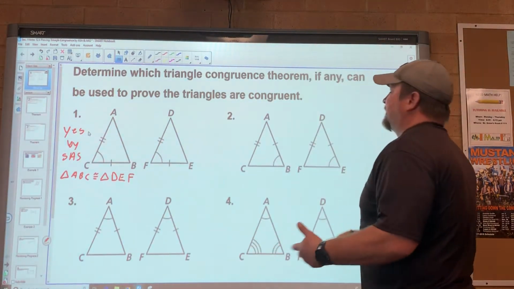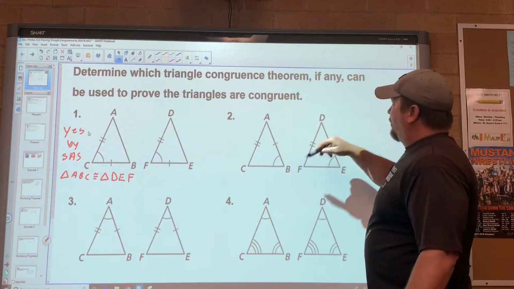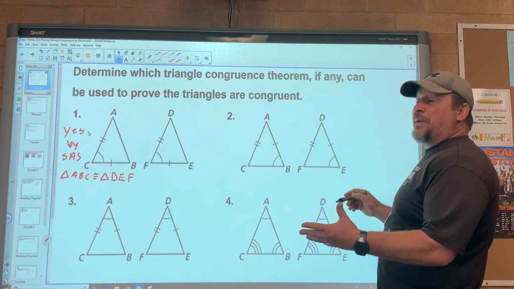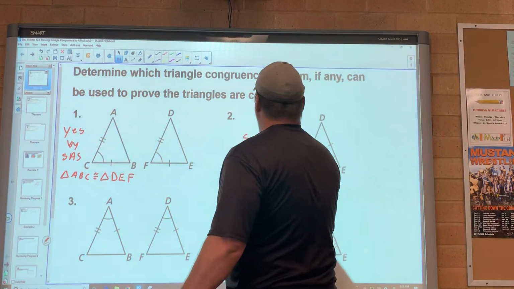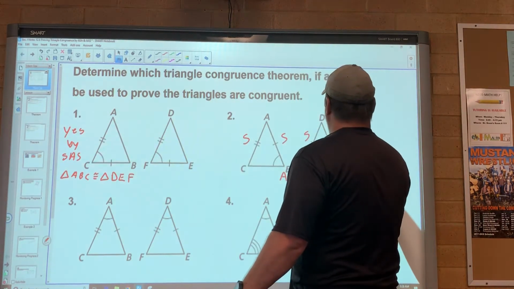This one, so let's take a look at what we've got. We've got two marks, one mark, and one angle mark, one angle mark. So it looks like it works. Let's just see if they're in the right positions. So side, side, angle. Side, side, angle.